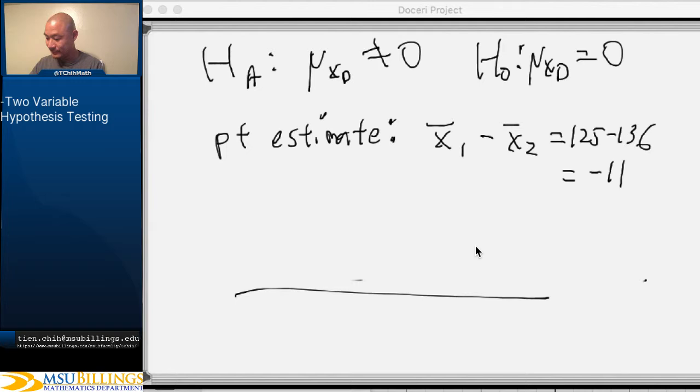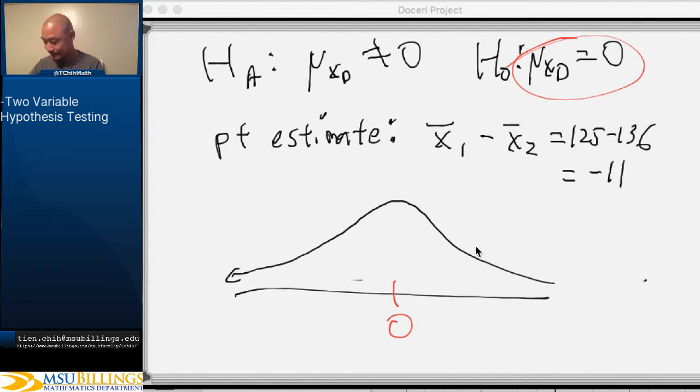And so, as usual, just like we did before, we're going to assume the null hypothesis, that the difference is 0. And then we're going to look at a curve.